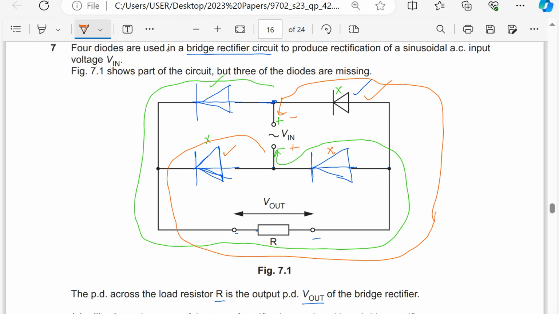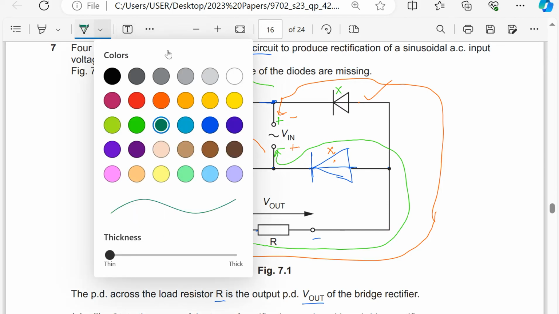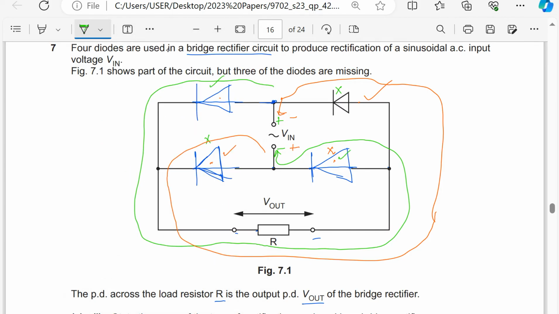So for the first half cycle, we saw that this diode and this one conducted. For the second half cycle, it is this one and this one that conducted. So let me remove this blue tick here. I want to put a green tick on this one.